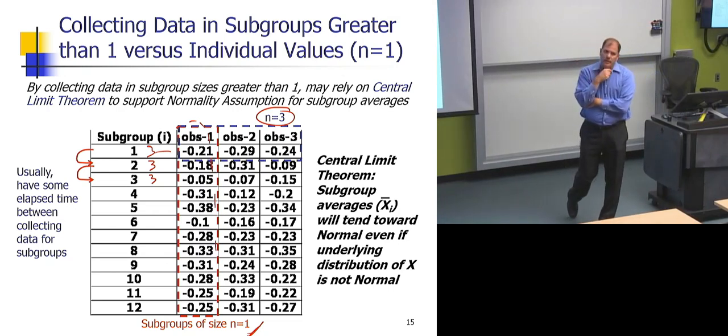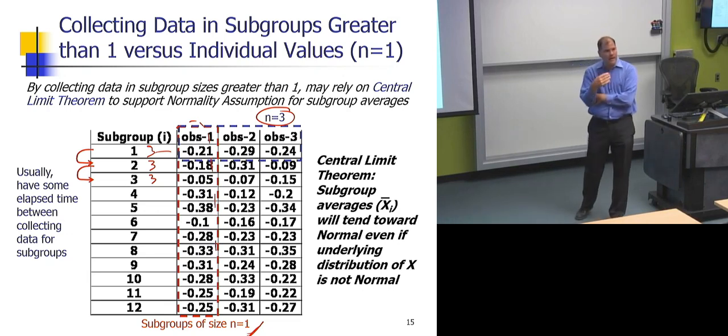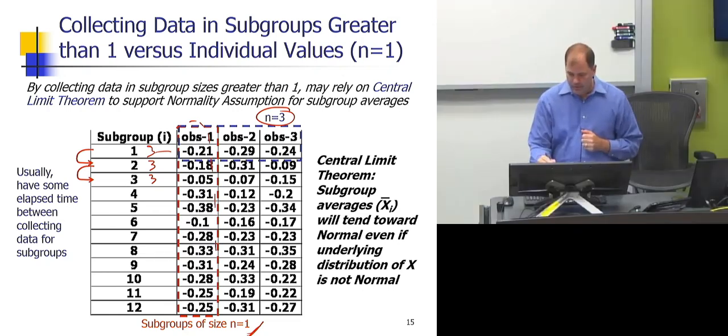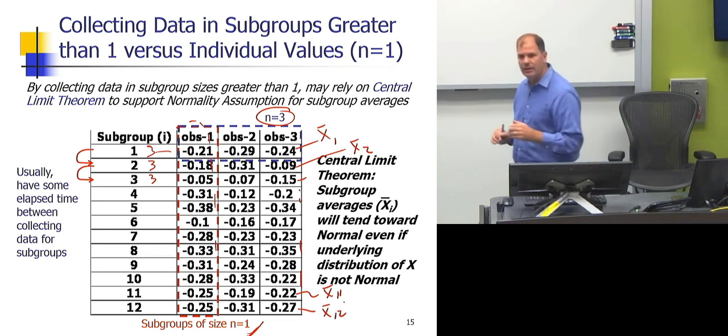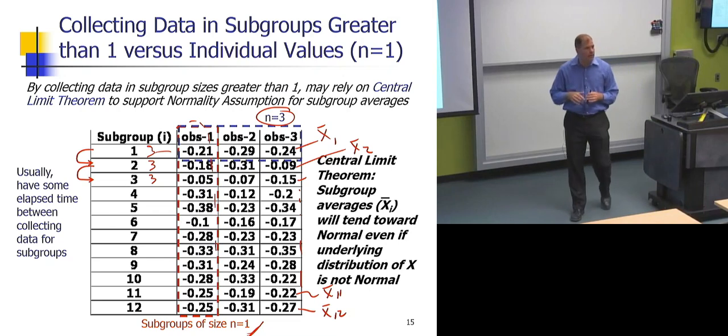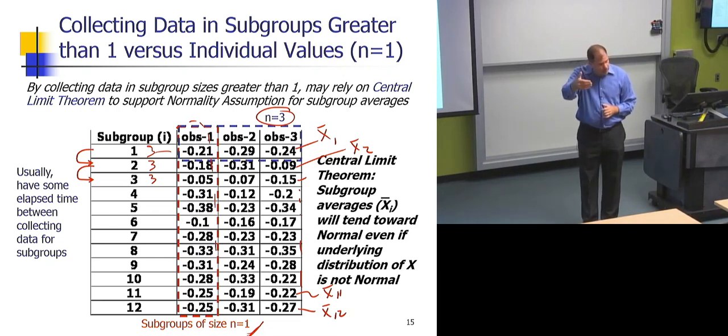The beauty of measuring n equals 3 is that if I take subgroup sizes of 3, each subgroup, x bar 1, then I'll have an x bar 2, an x bar 11, and an x bar 12. Are you with me? If I take subgroups of 3, I will end up with 12 estimates of means, a mean for every subgroup.